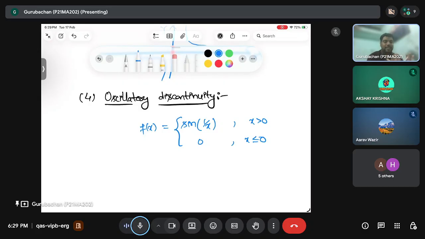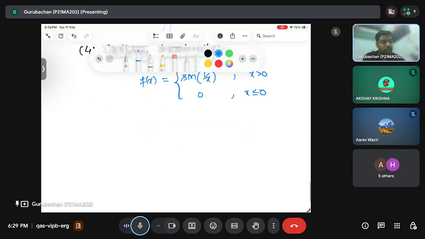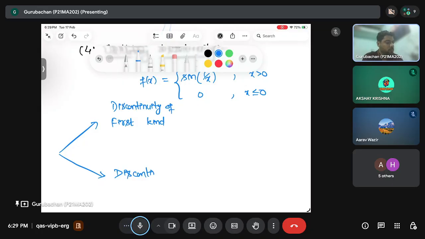Now these are the 4 types of discontinuity, and one term is called kind of discontinuity. First, discontinuity of first kind, and discontinuity of second kind.